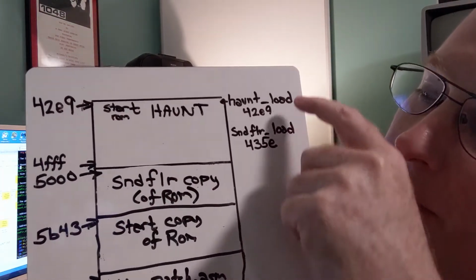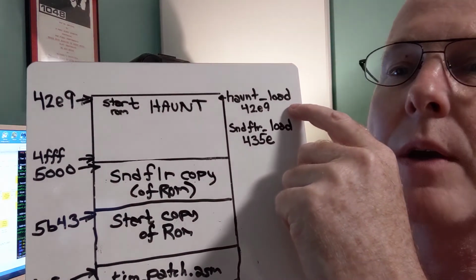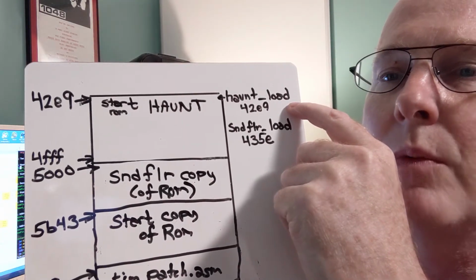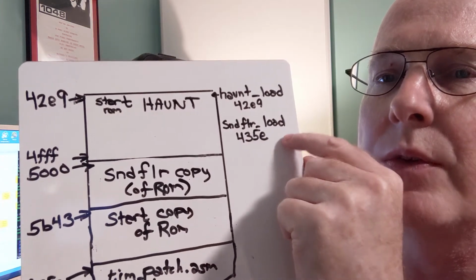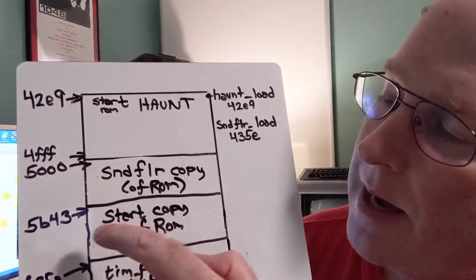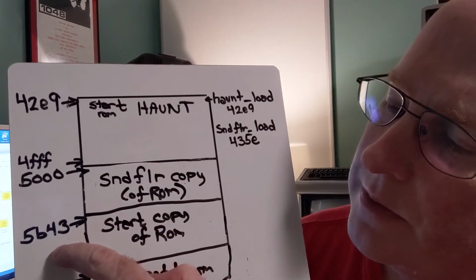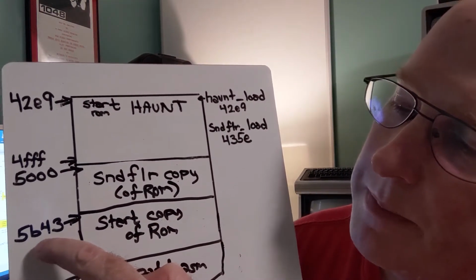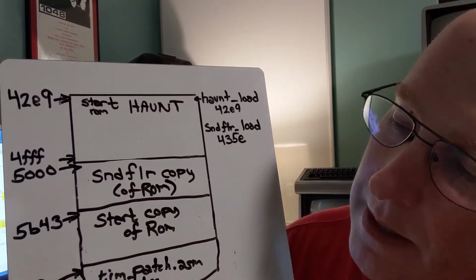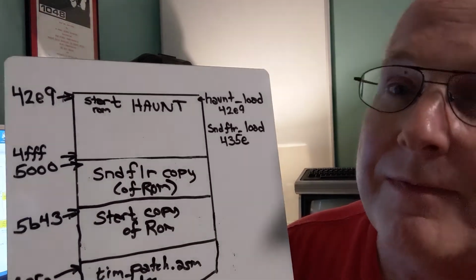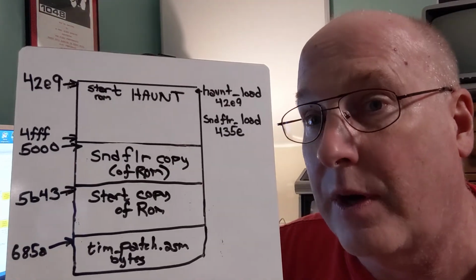I've also noted there are a couple of things we need to know, like where we load the start and where we load the second floor. So we've got the addresses of that. Now, if we do the math, the start of the start copy will be at 5B43. And then if we add that up again, 685A is where I can start putting code.